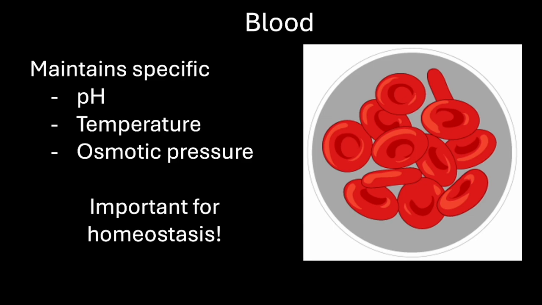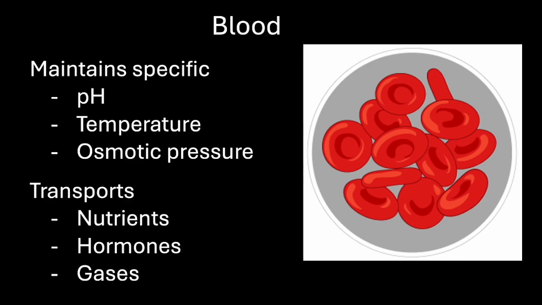We're going to start with blood. This helps maintain specific pH, temperature, and osmotic pressure throughout our body. It's really important for homeostasis, as well as transporting things like nutrients, hormones, and gases throughout our bodies.